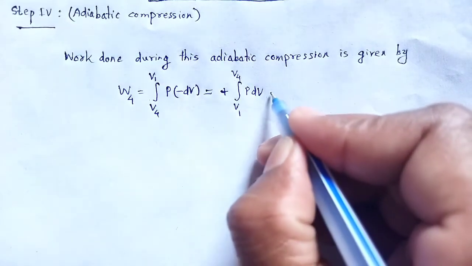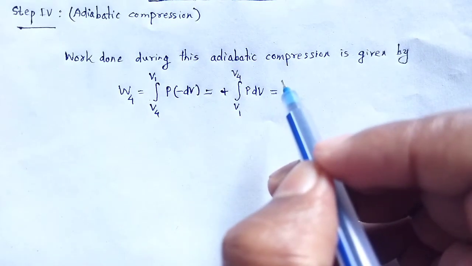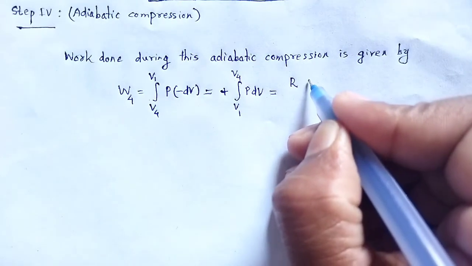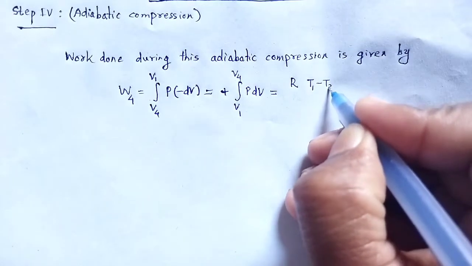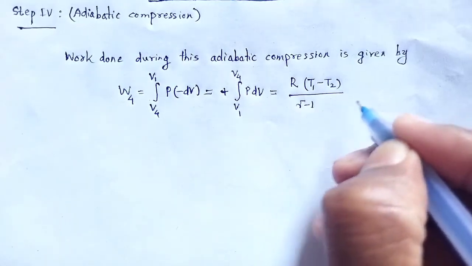So in case of adiabatic process the work done is given as R (T1 minus T2) divided by gamma minus 1.